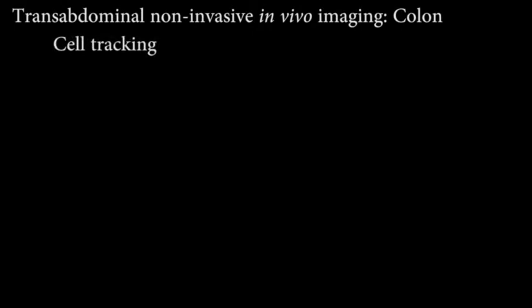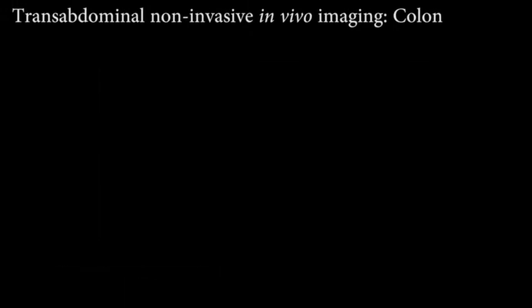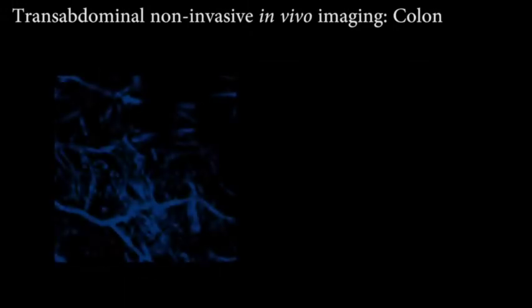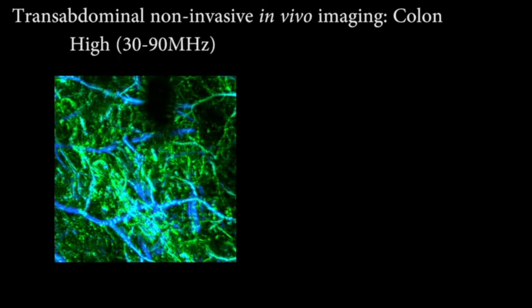We then demonstrate that RSOM is able to detect exogenous absorbers such as labeling dyes in a model of adoptive T-cell transfer colitis. We split ultrasonic detection of the in vivo images of the colonic mucosa into low, high, and very high frequencies.